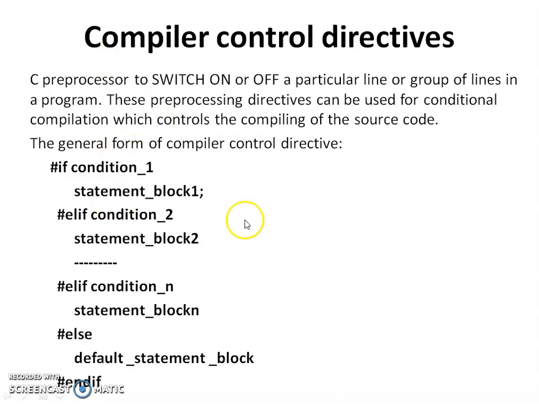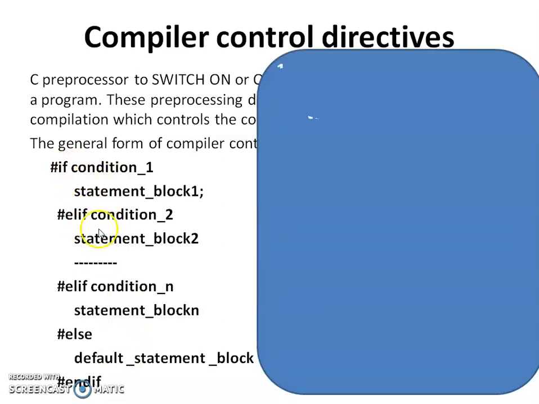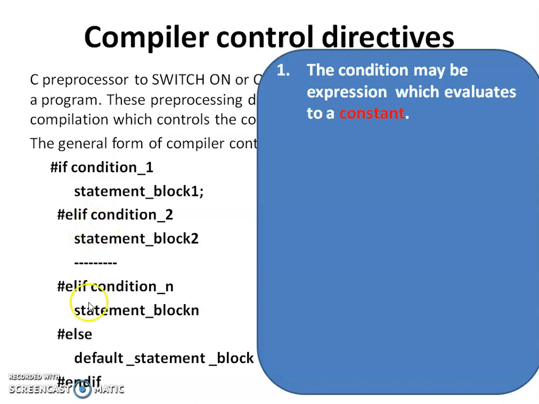Before we go ahead with the example, the variety of compiler control directives available in C are: if, which may be a simple if, else if, the simple if else, or the else if ladder, and this is true for our C language here.